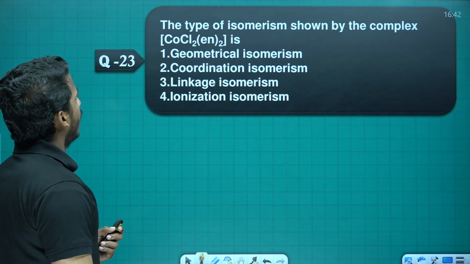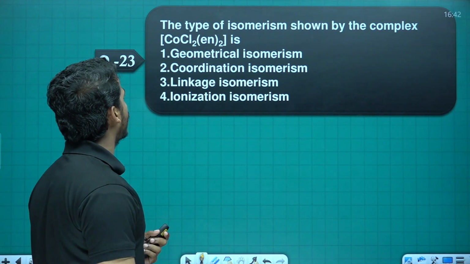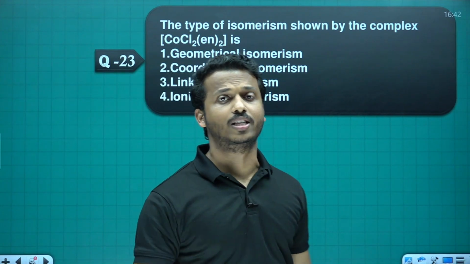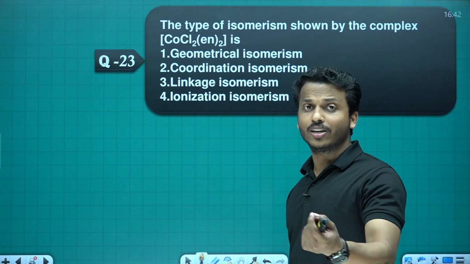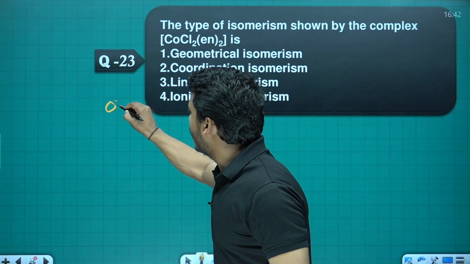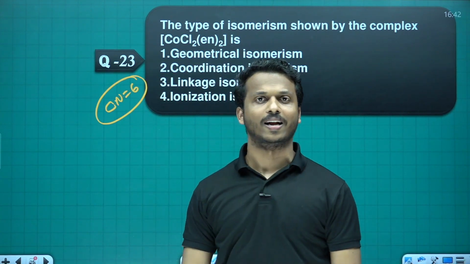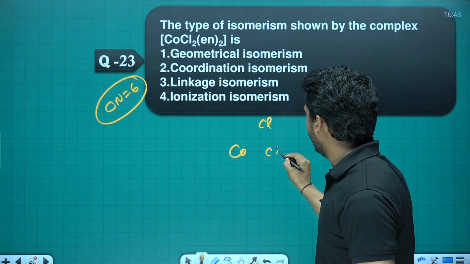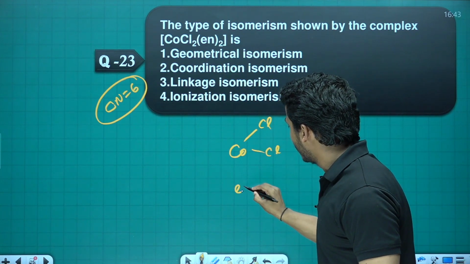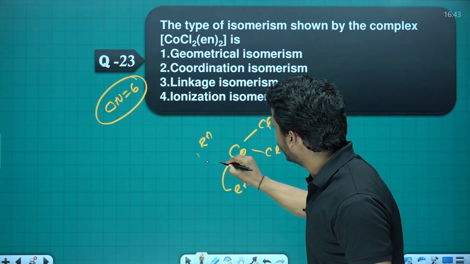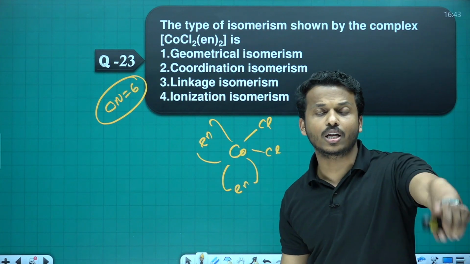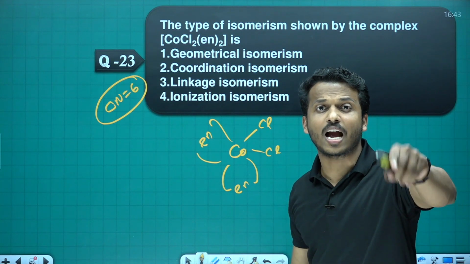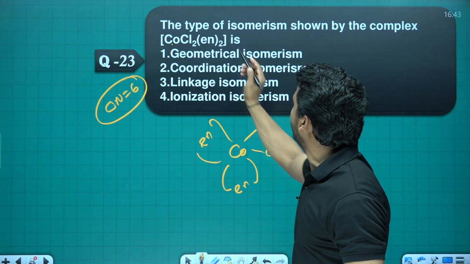Okay, careful. The type of isomerism shown by the complex is, what is this complex? First of all, you have to judge it. This is octahedral. How can you judge it octahedral? Coordination number should be 6. Then it will be octahedral. See here, cobalt is there, right? Cobalt connected to 2 chlorine, and En is there. 2 En mean it will provide a total of 6. 6 is the coordination number, that means it is octahedral. This type is Ma2B4.